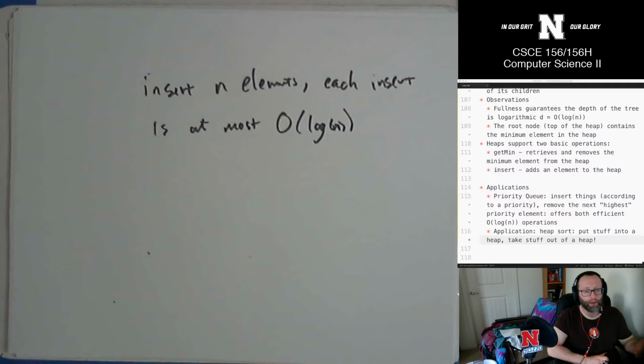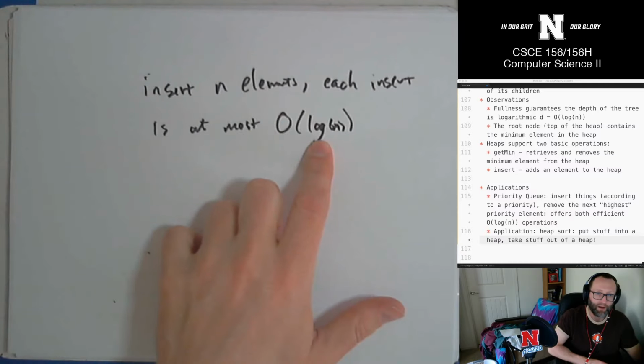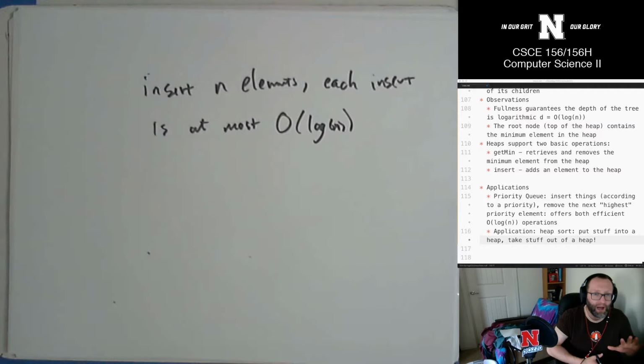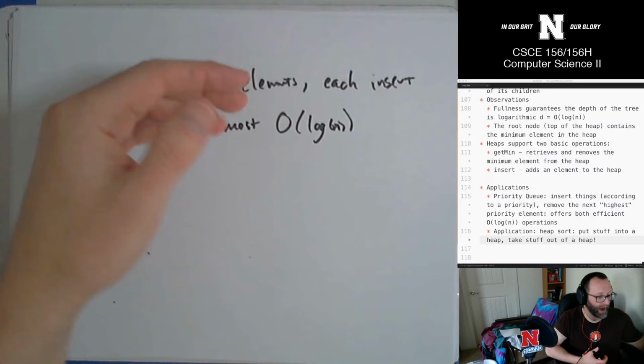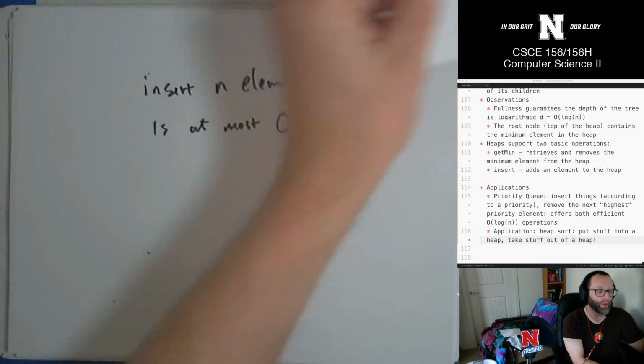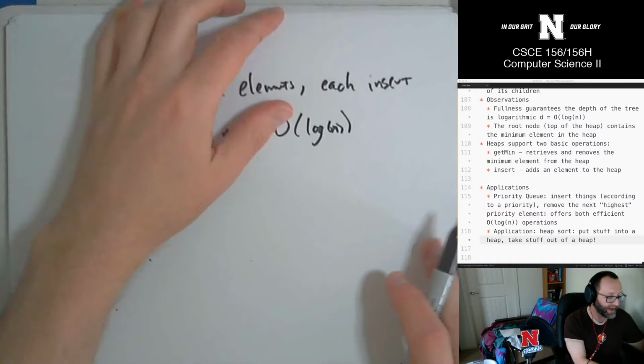Basically, you're not paying log n every single time, the number of comparisons at least. If there are only 5 elements in there, then you're only paying log 5 number of comparisons. If there are 50 elements, then it's log 50, right? As it grows, as you put stuff in, the size grows, but at most, the size is, of course, n.